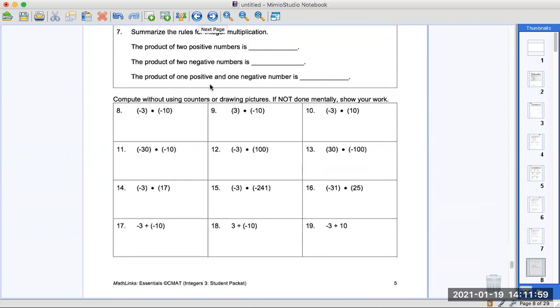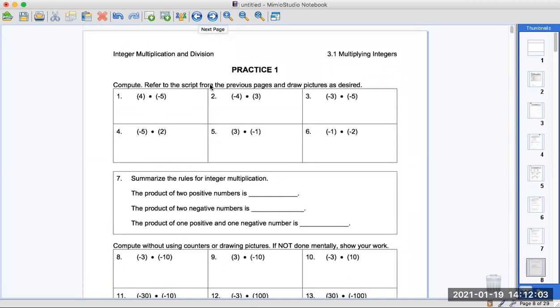Page 5 is homework. And that's it for that lesson 1.